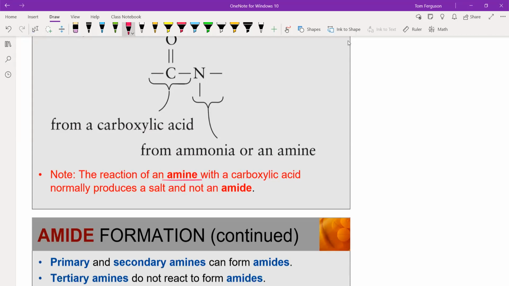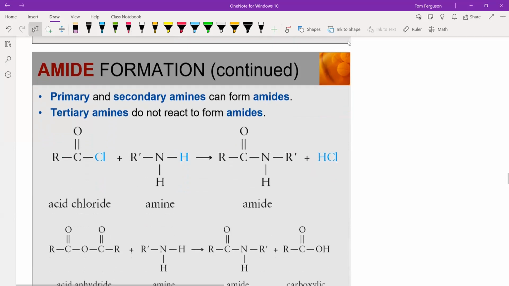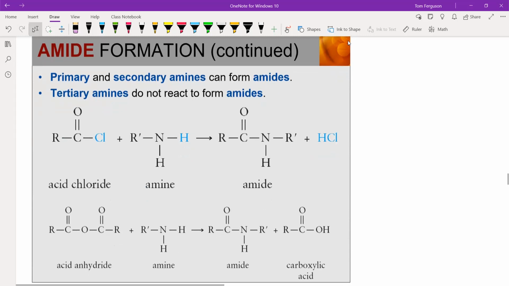The reaction of the amine with a carboxylic acid does not produce the amide. So we're going to need the acid chloride, most yield, then the least yield.